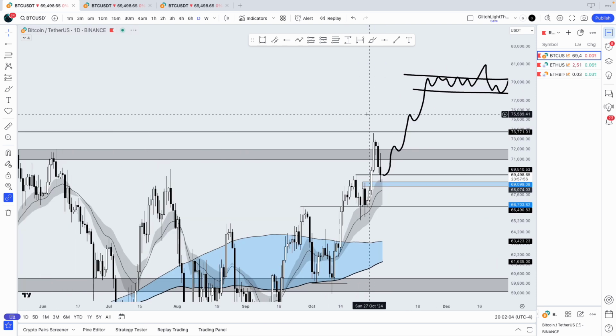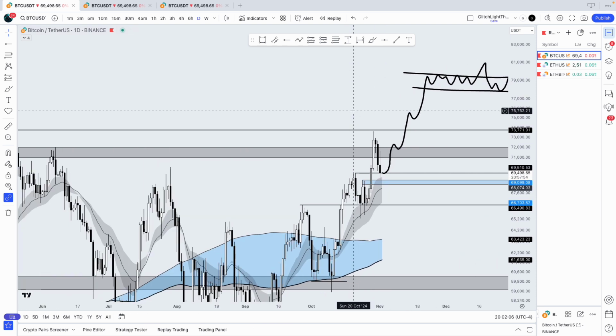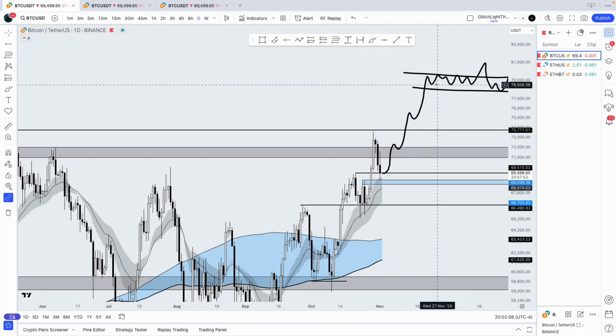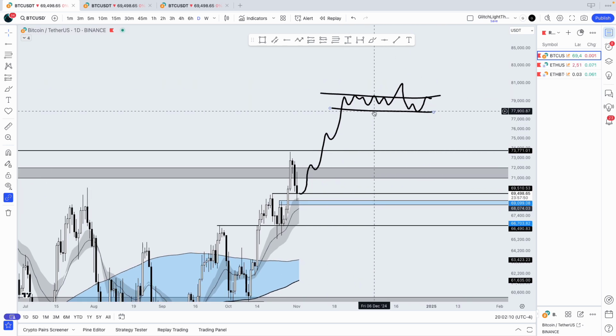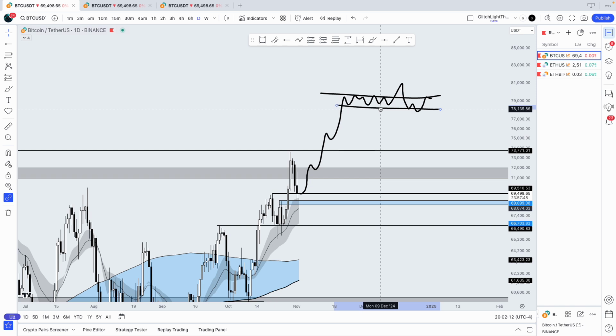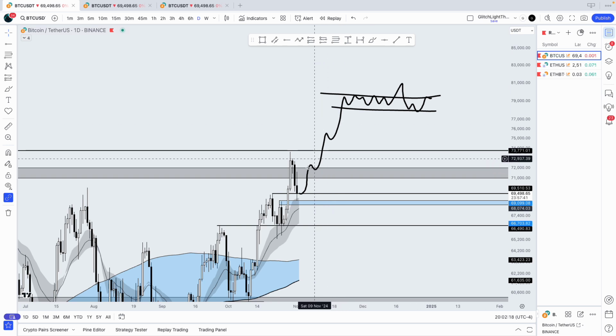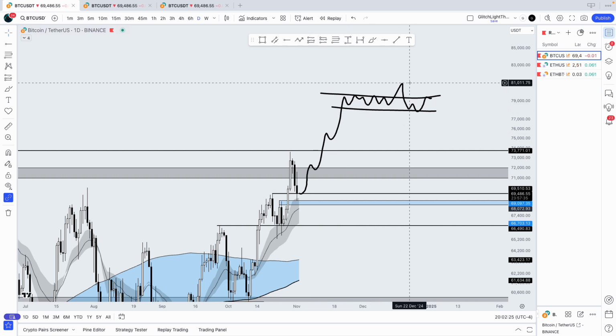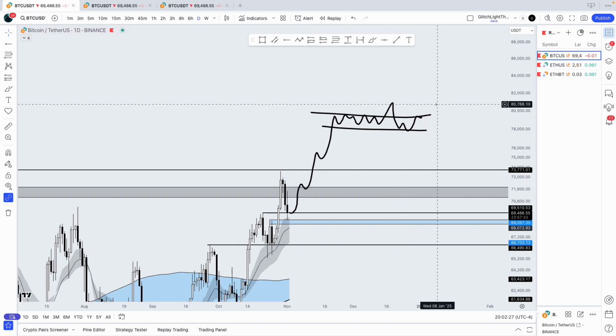But ideally, what you want to see is all the money flowing into Bitcoin here to get us that breakout. Seeing all these altcoins run before then, I don't know. It's a lot more healthy in my opinion to see all the money going into Bitcoin, get that breakout, and then see some consolidation, and then you see money flow into altcoins as Bitcoin consolidates, and then we see that run higher.